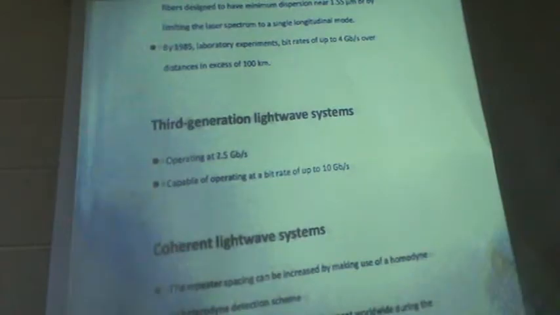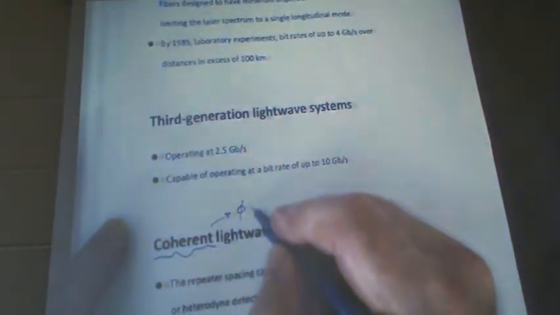And that's where they're at now. We're cranking up the data rate every time we get a chance. Then coherent systems are phase sensitive. We're going to just call that phi for phase sensitive.